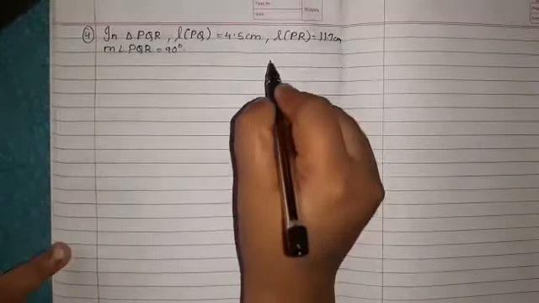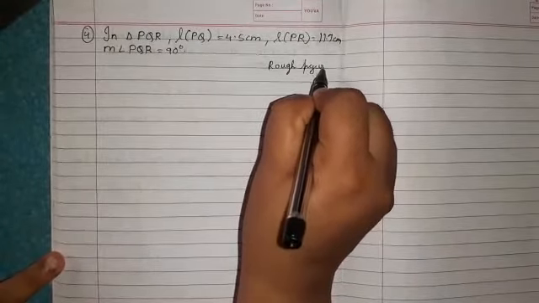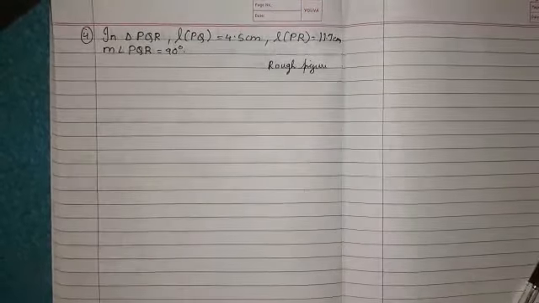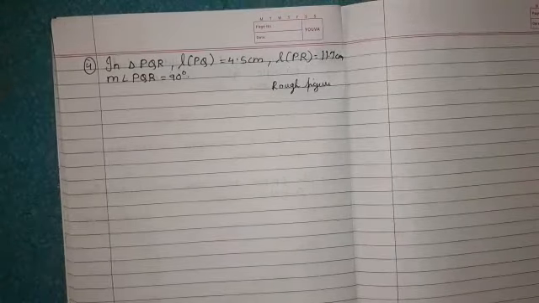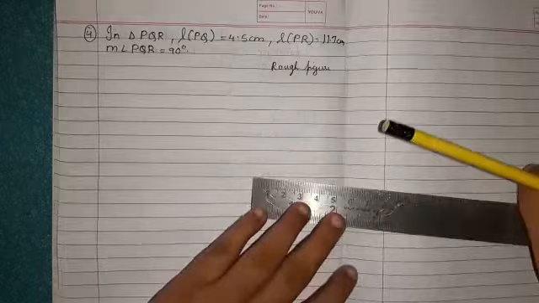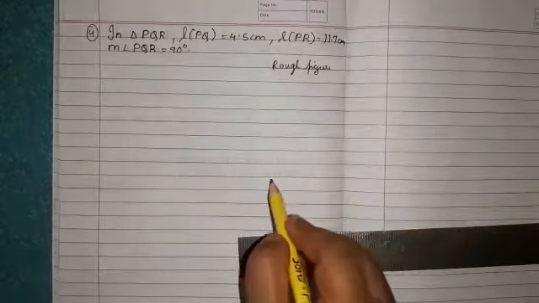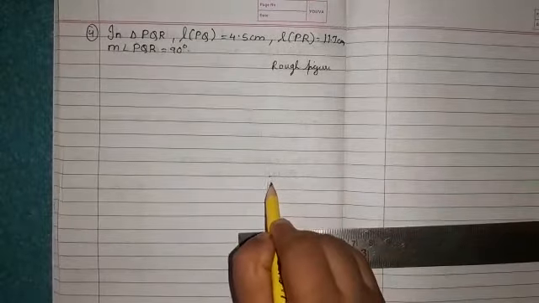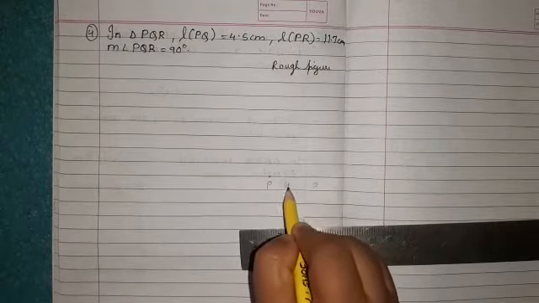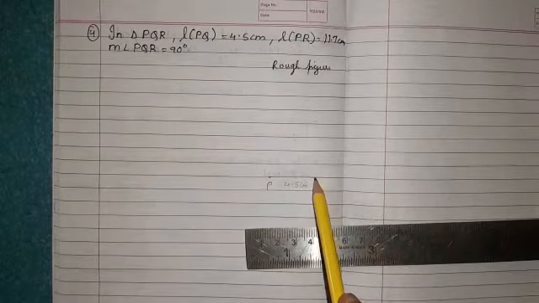So first we will construct the rough figure. Okay. So see here we will take PQ as our base. What is the measurement of PQ? Yes, it is 4.5 centimeter. Suppose this is 4.5 centimeter. I am drawing 4.5 centimeter PQ. Now from Q we need 90 degree.